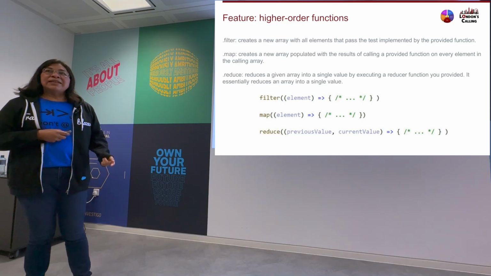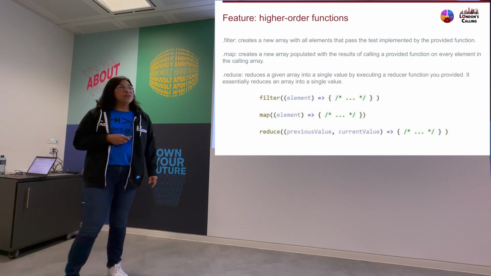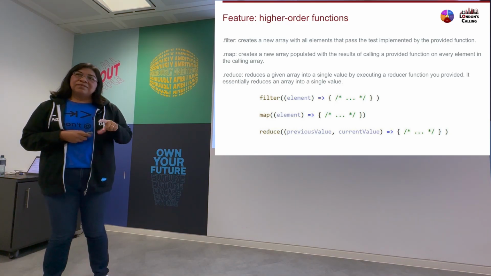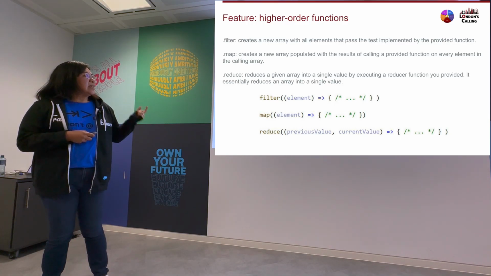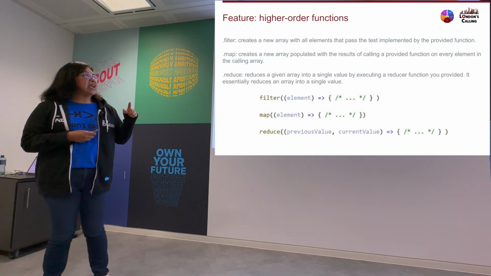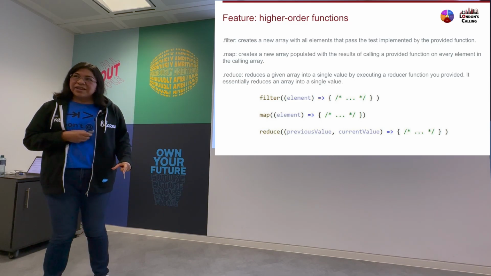Map is going to create a new array, populated with the results of calling the function that you send on each element of the array. And reduce is going to give you a single value that is calculated by applying a reducer function on each element of the array.